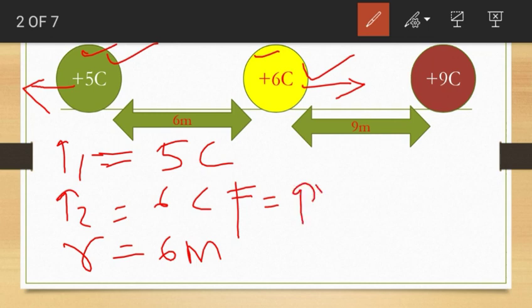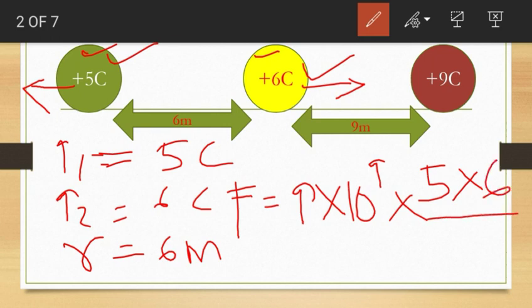So I shall write 9 into 10 to the power 9 multiplied by q1, which is 5 coulomb, q2 is 6 coulomb, divided by 6 square, r square, and r is replaced by 6, that's why it is 6 square.